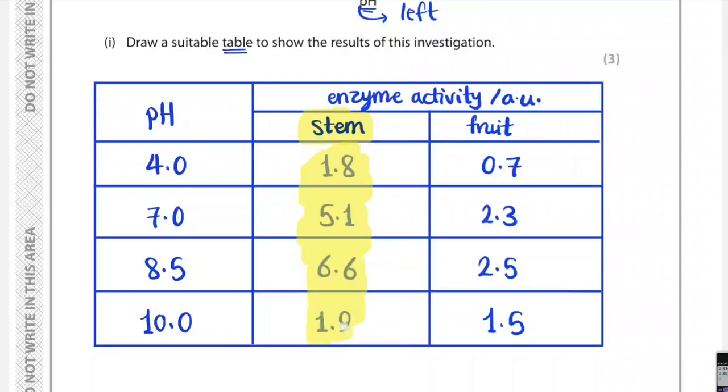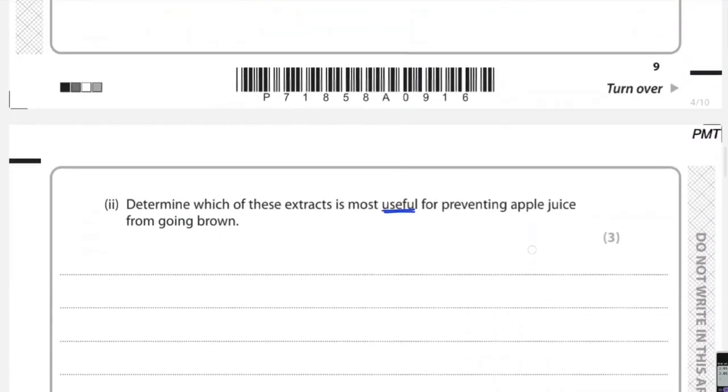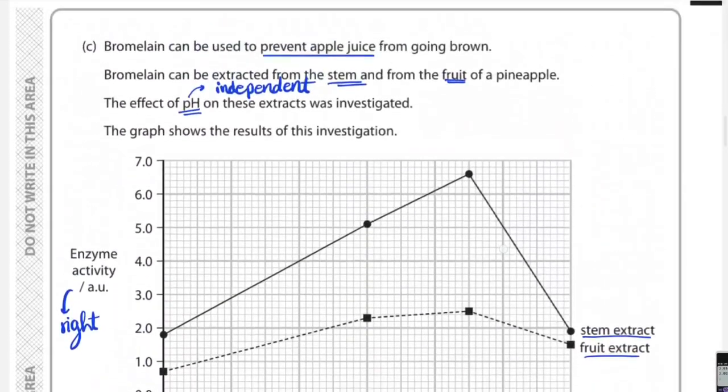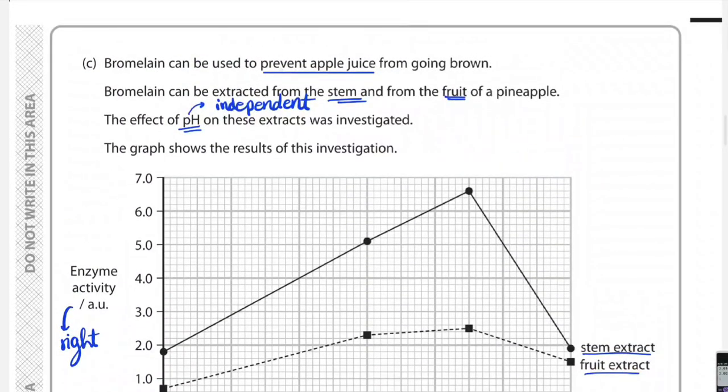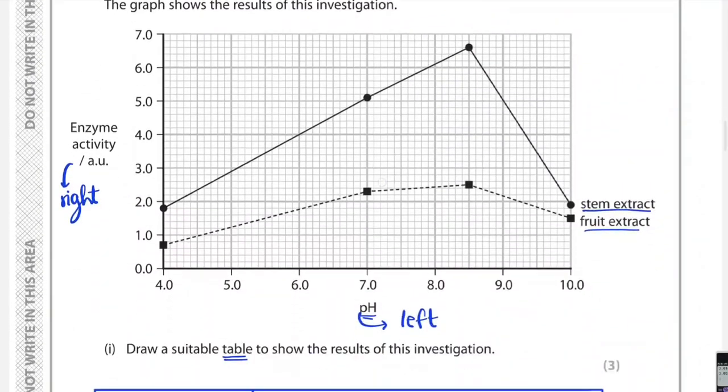And why does a higher enzyme activity make it more useful for preventing apple juice from going brown? Because this enzyme was used to prevent apple juice from going brown. So if this enzyme is more active, it's going to do its action more effectively. It's going to prevent the apple juice from going brown more effectively and efficiently.